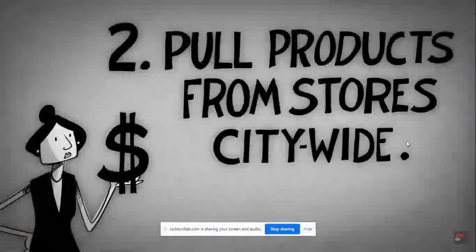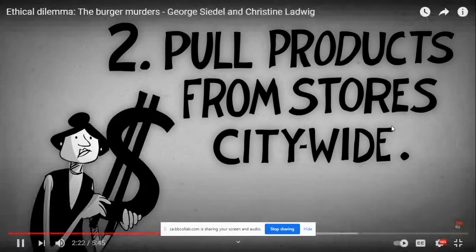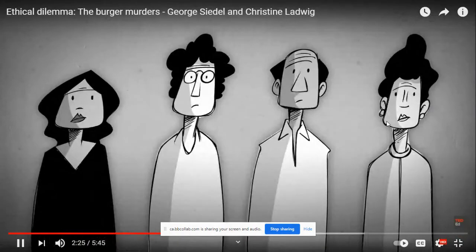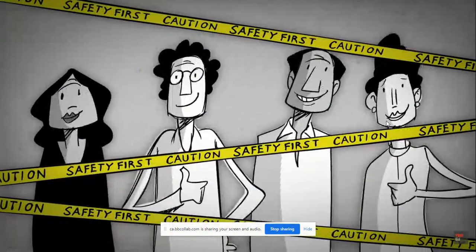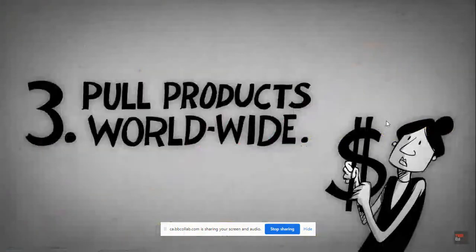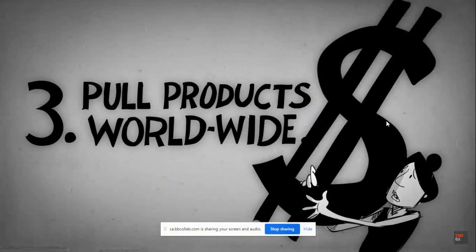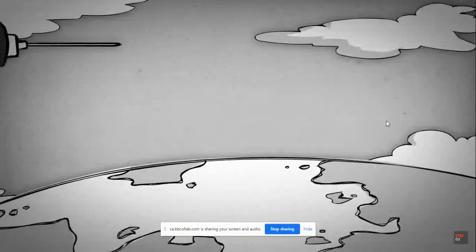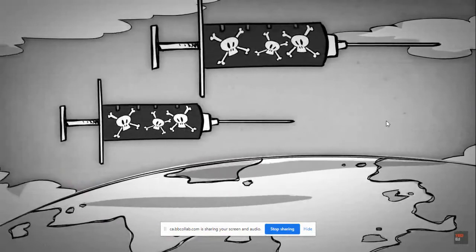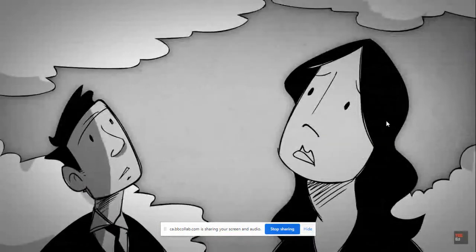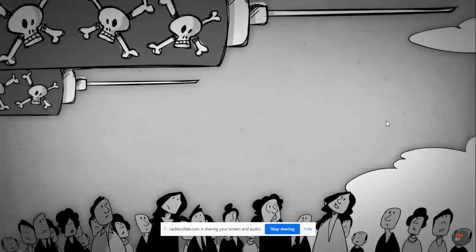The second option is expensive in the short term and will require greater employee layoffs and additional financial loss to investors. But this option is safer for customers in the city and could create enough trust that sales will eventually rebound. The third option is the most expensive in the short term and will require significant employee layoffs and investor losses. Though you have no evidence that these crimes are an international threat, this option provides the greatest customer protection. Given the conflict between the interests of your customers, versus those of your investors and employees, which strategy is the most ethical?